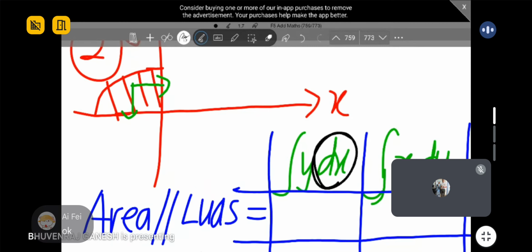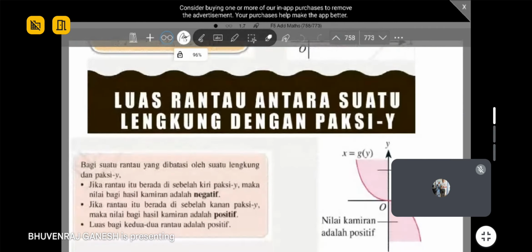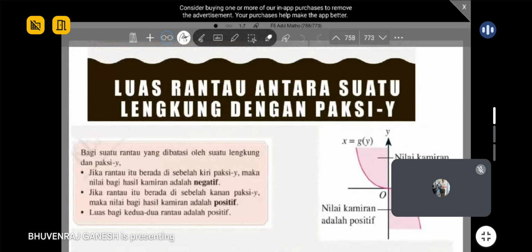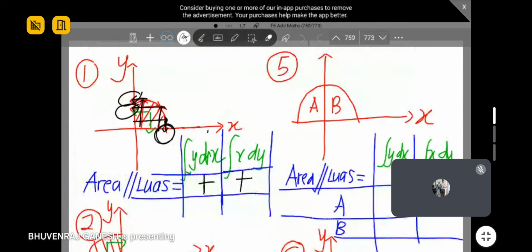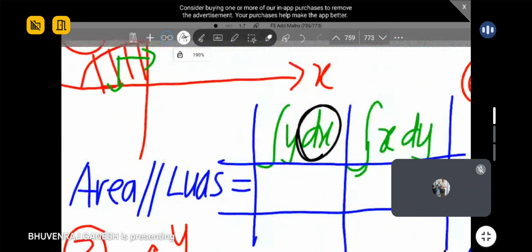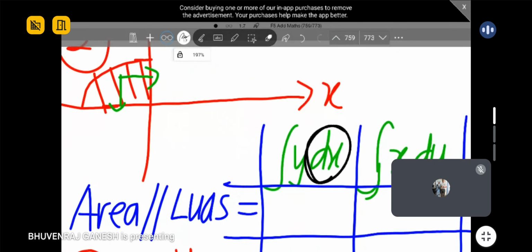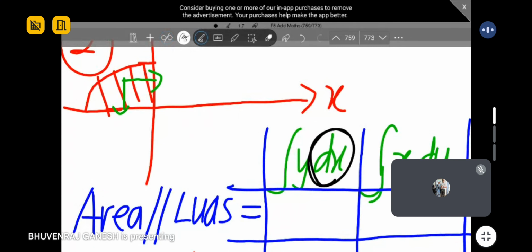Okay. Wait, let me check. Just 1 minute. Let me just check back the concept, whether I get it correct or not. Okay. So this one, we are integrating towards paksi x, guys. Careful, negative is wrong, you know. You know why? You check and see.